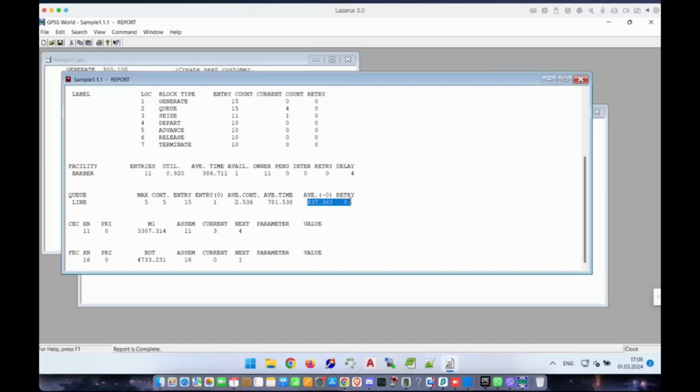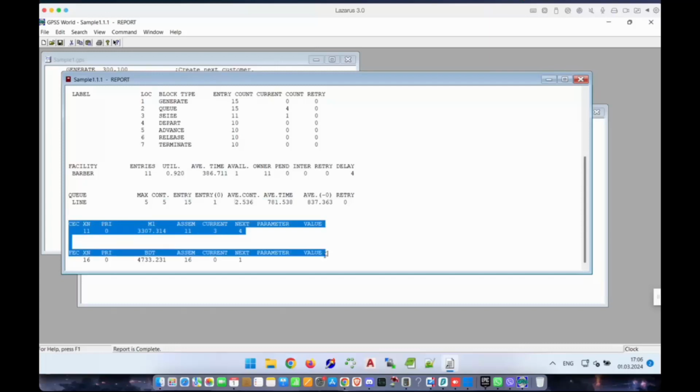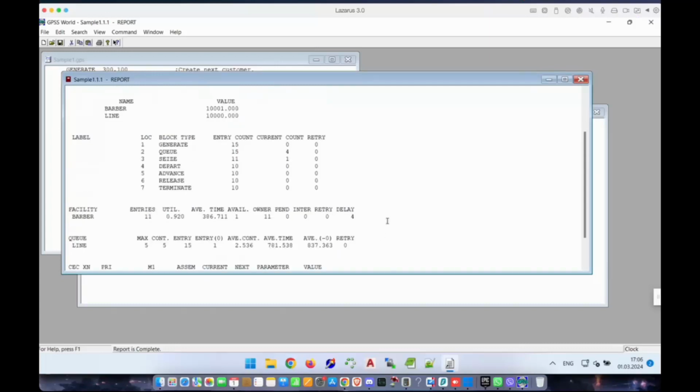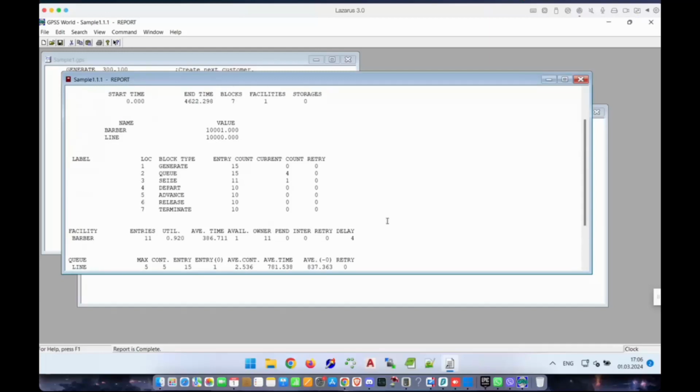The rest is again not very interesting, and this part is not interesting as well, at least for now. So that's the statistical data we can receive running the simulation.